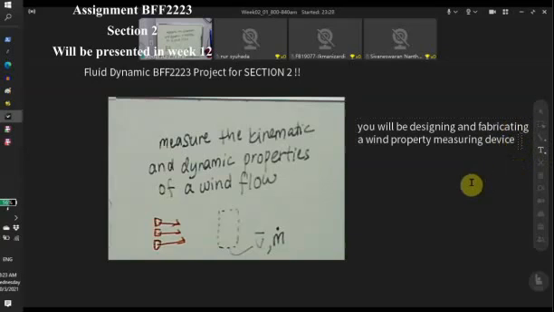You'll be designing and fabricating property measuring devices.